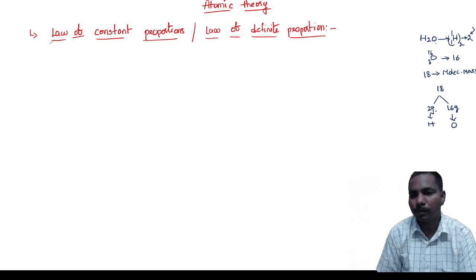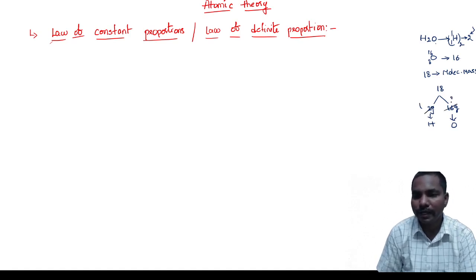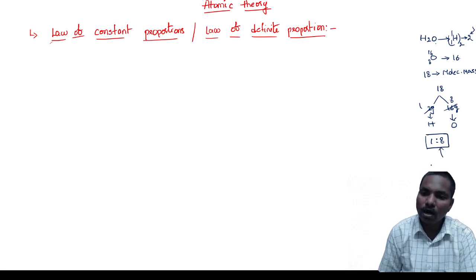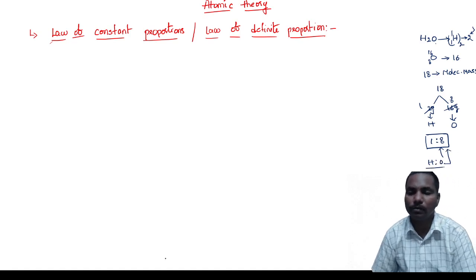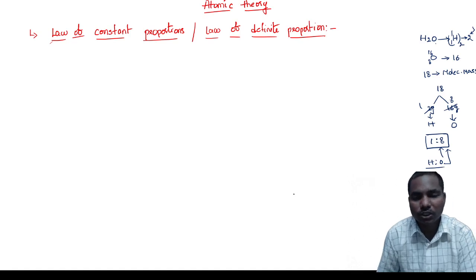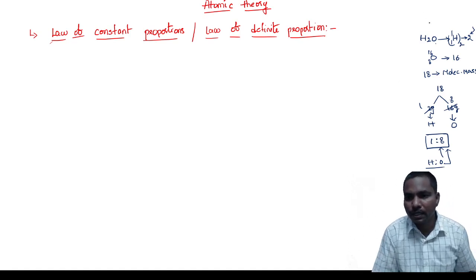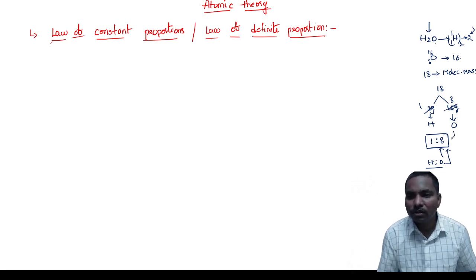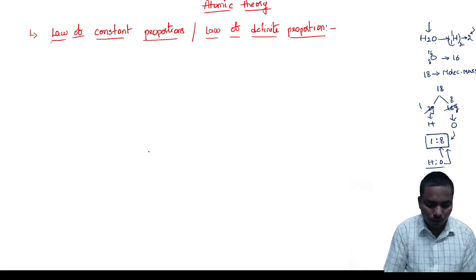That means the proportion here is 2 to 16, that is 1 to 8. So if you consider any amount of water, the hydrogen to oxygen ratio is always 1 is to 8. That is nothing but the law of constant proportions. In a compound, the ratio of the masses of the elements is always constant. Note the point.